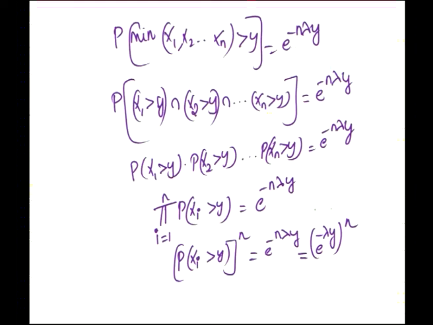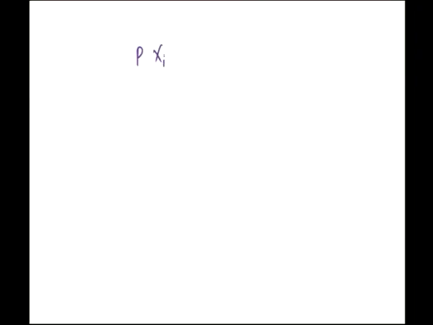Raising to the power 1 by n on both sides, we have P(Xi > y) is equal to e^(-λy).